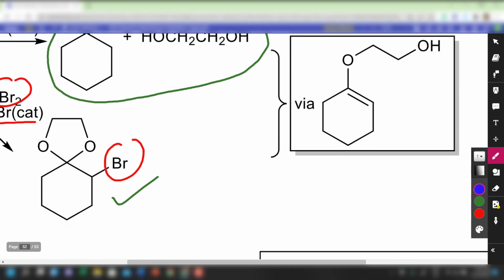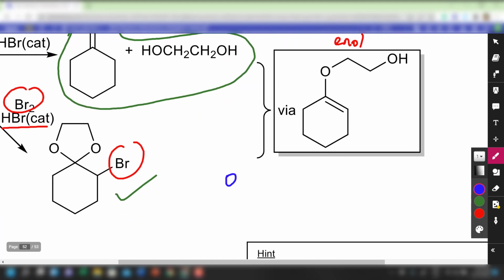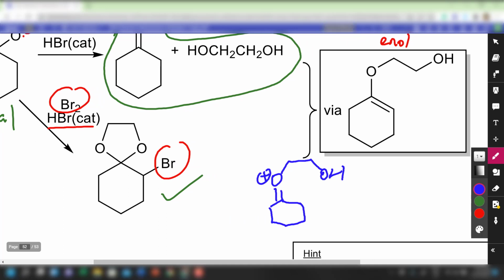So I'm going to just draw in the space below. We are going to have this, and then with a plus charge, and then with an OH. Remember that the system is likely to again contain H2O.